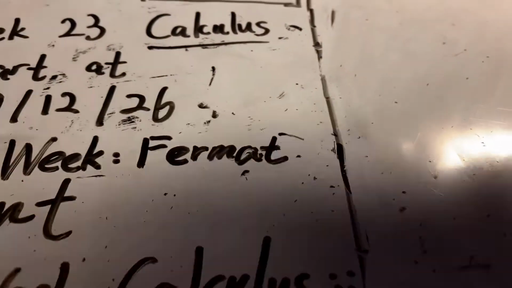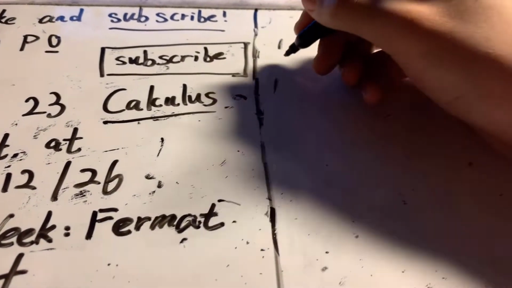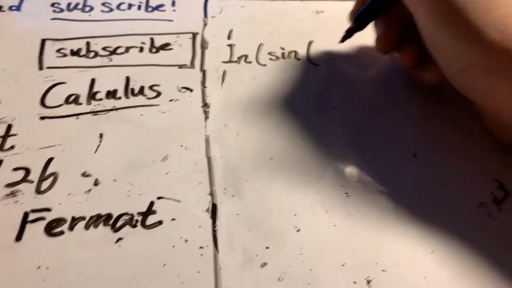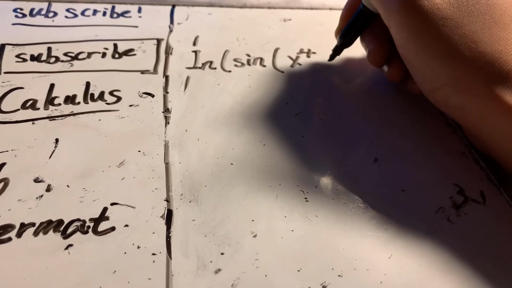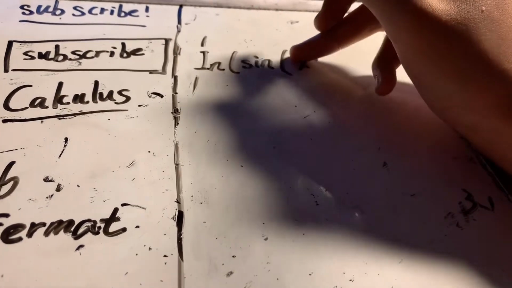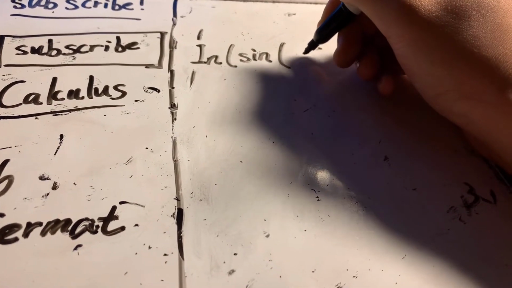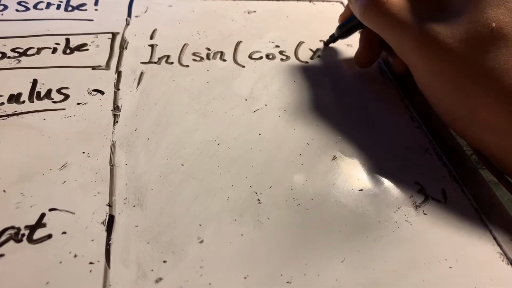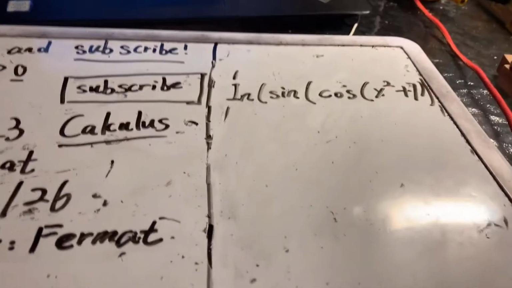So this is what I think is very important. Now I'm going to give you a very complex problem, which is sine of cosine of x squared plus 7, to the fourth.